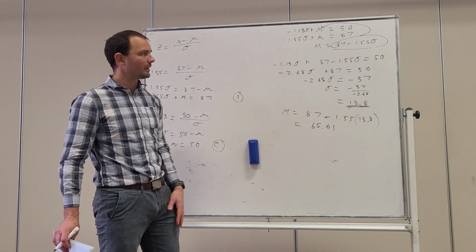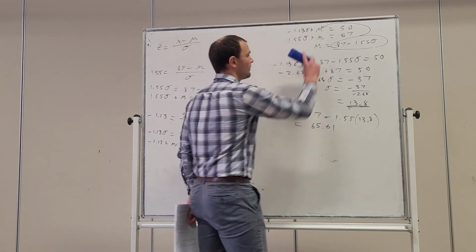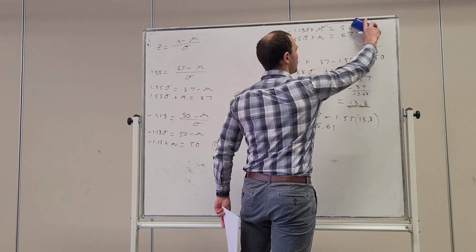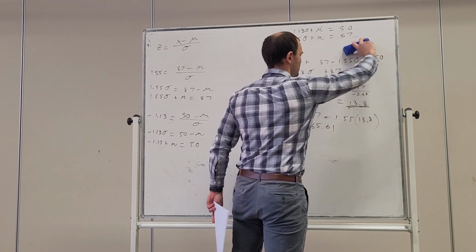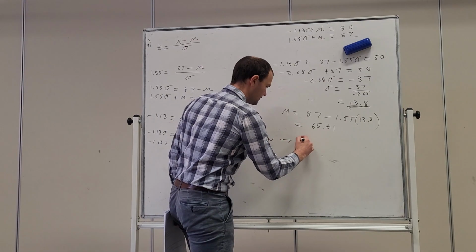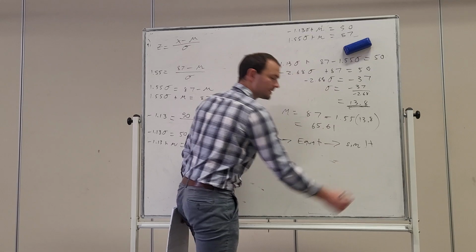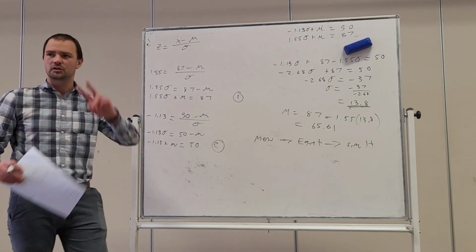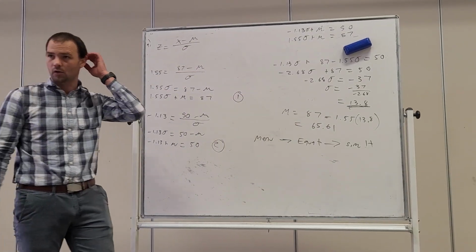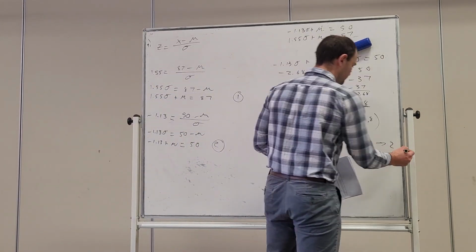But let's talk about how we can use our calculator. We're going to come back to this step up here, and we're going to go into equation solver. So we'll go menu, equation solver, simultaneous. It's a simultaneous equation because we have two equations with two unknowns. So we press that there's two unknowns.